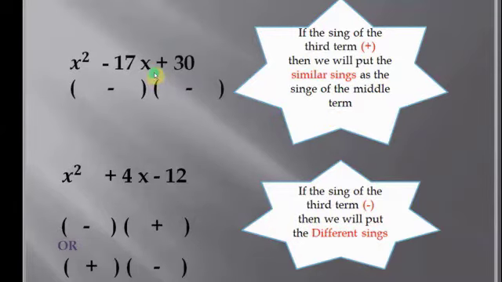Here the sign of the third term is positive, so we will put the same sign as the middle term. Here the sign of the middle term is negative, so we'll put negative signs. If the sign of the middle term is positive, we'll put positive signs. But if the sign of the third term is negative, we will put different signs: negative, positive, or positive, negative.